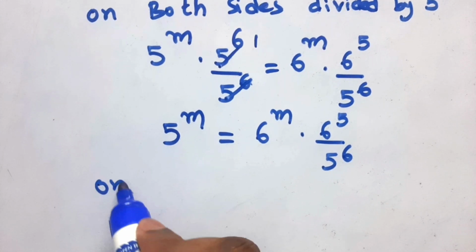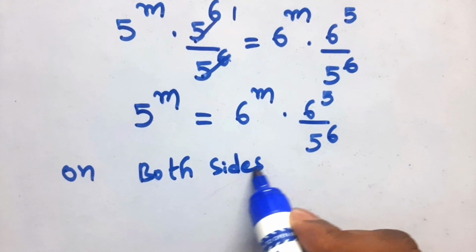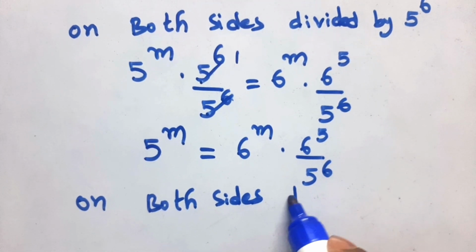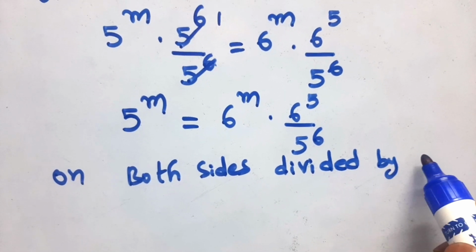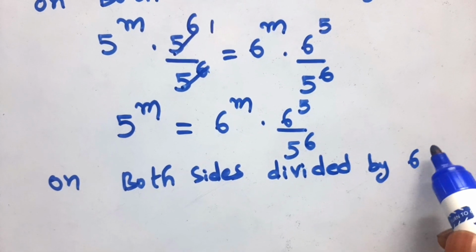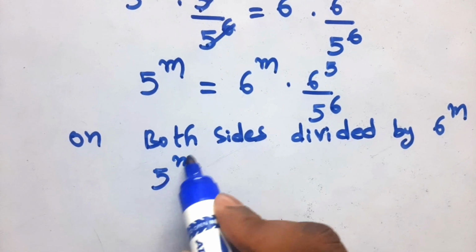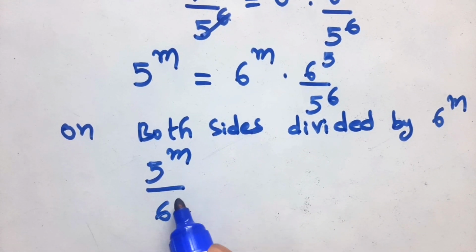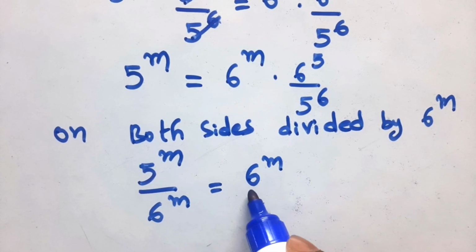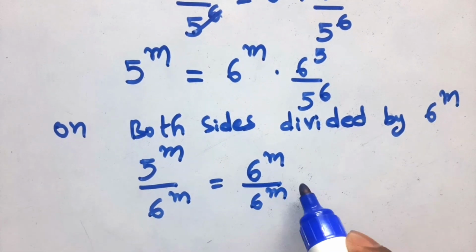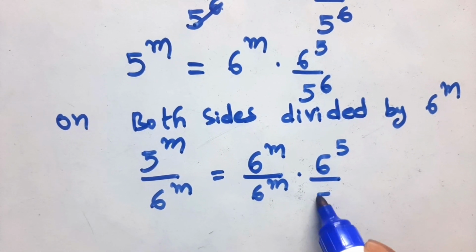On both sides divided by 6 to the power m. This will be 5 to the power m by 6 to the power m is equal to 6 to the power m by 6 to the power m times 6 to the power 5 divided by 5 to the power 6.